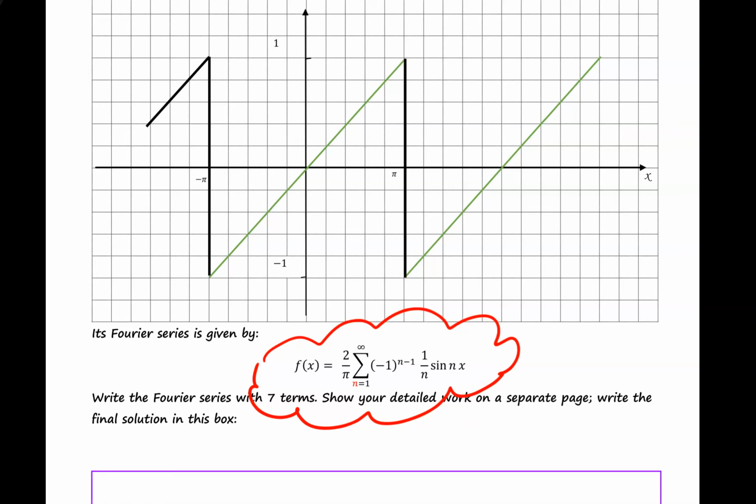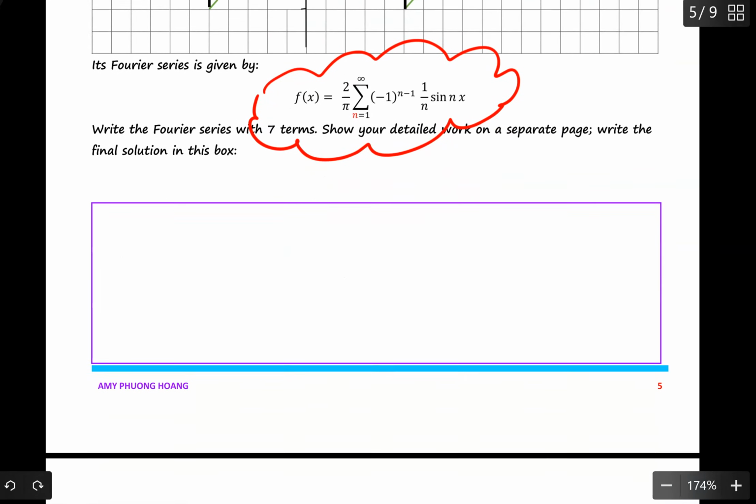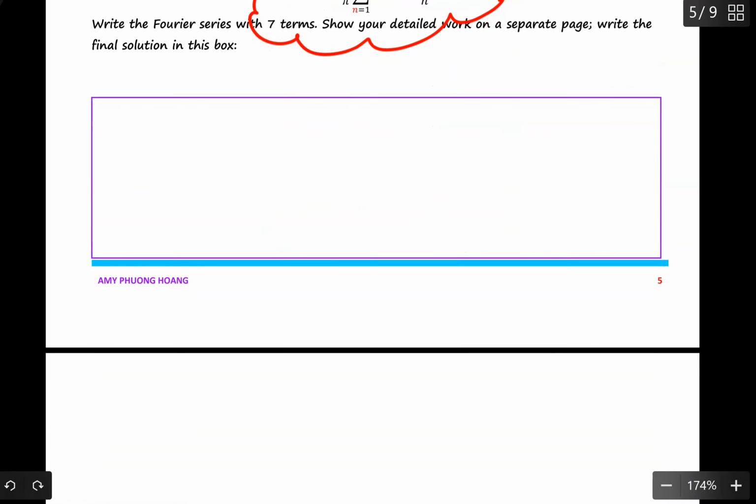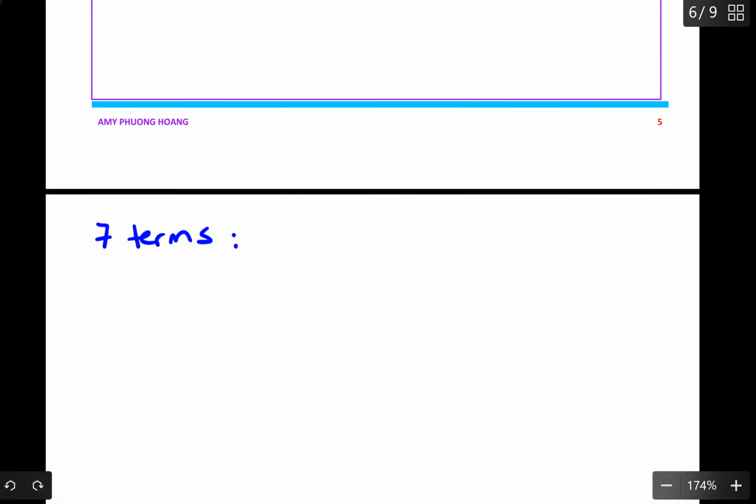So I just have to write the Fourier series with 7 terms. Okay, so I'm going to write it on the next page. It asks for 7 terms. So let's write the equation down.